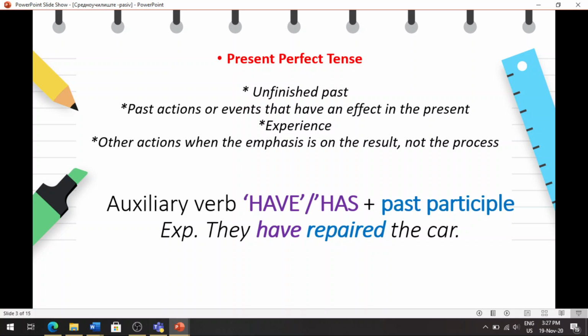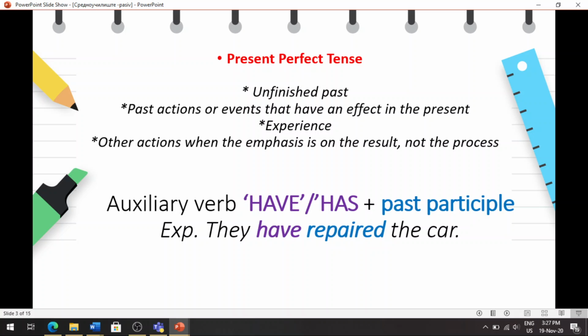Present perfect tense is used to describe unfinished past, past actions, or events that have an effect in the present. We use it when we want to describe experience or other actions, when the emphasis is on the result, not the process itself.